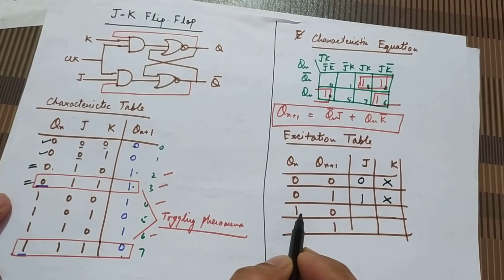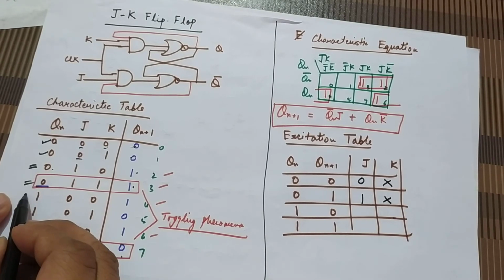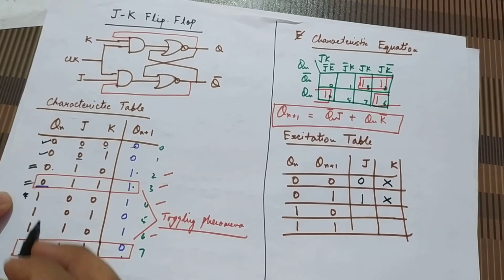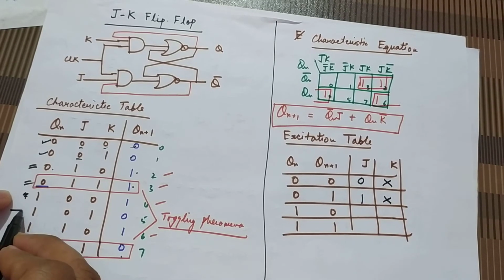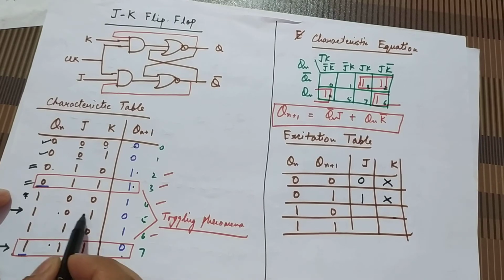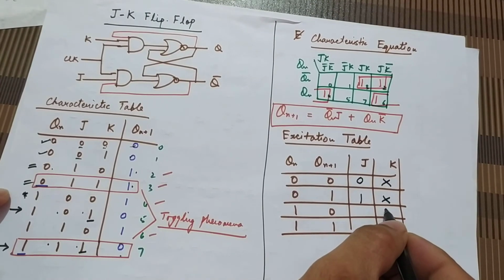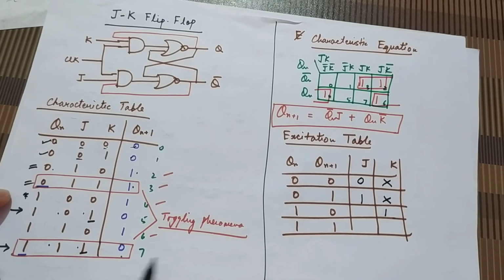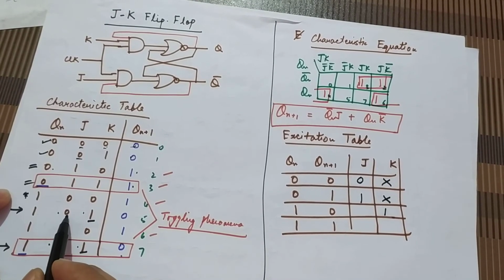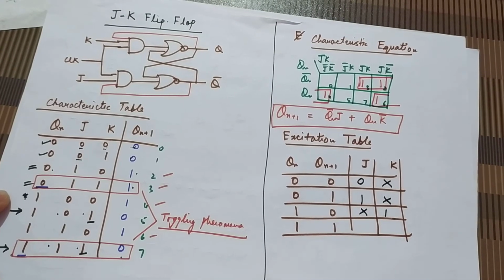Now we look out for present state 1 and next state 0, present state 1, next state 0 and present state 1, next state 0. In these two conditions the value of K is the same, that is 1, so we write 1 for K, and for J the value changes from 0 to 1, so we write don't care.